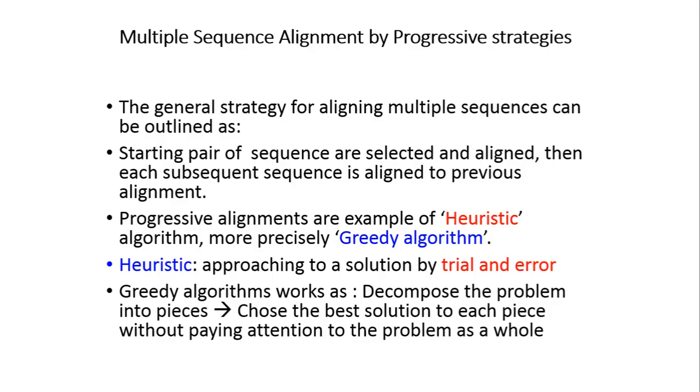The general strategy for aligning multiple sequences is this: you start out with a pair of sequences, select a pair out of the multiple sequences and align them, and subsequently go on adding the subsequent sequences to generate a multiple sequence alignment.